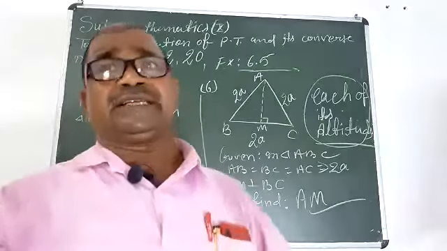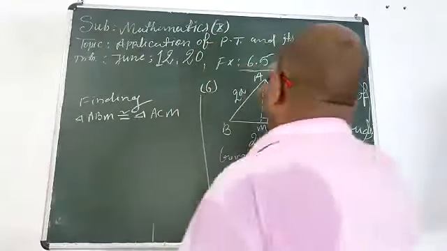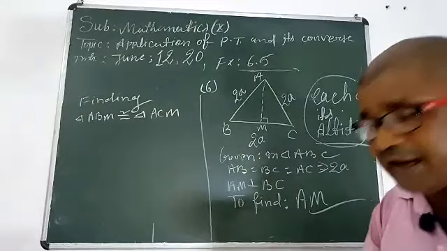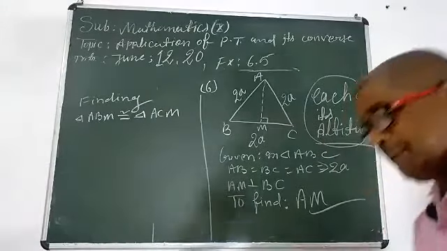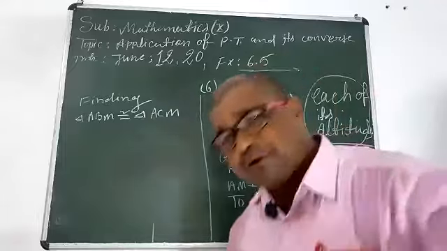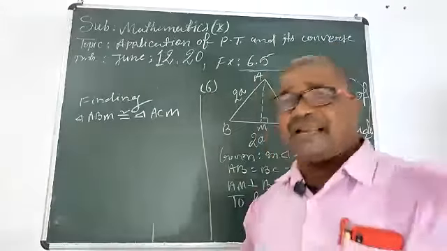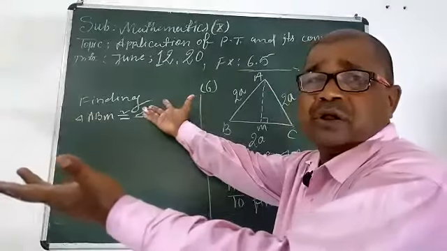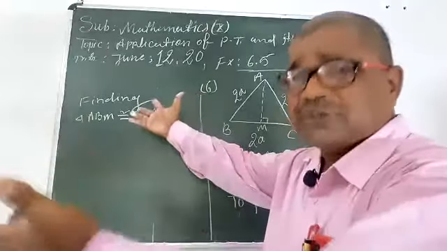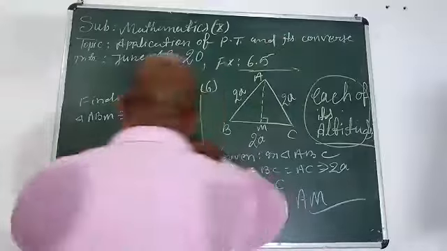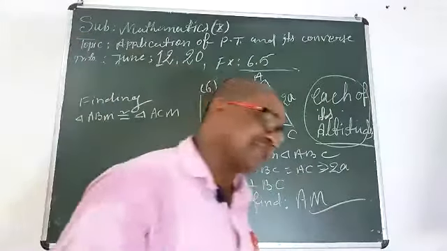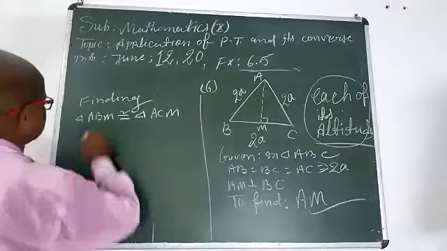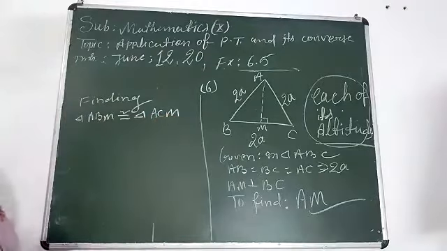Because ABC is an equilateral triangle, AM is an altitude. After drawing a perpendicular in an equilateral triangle, the triangle is divided into two congruent triangles, you can prove also. They are congruent, but you should take help from the major statement here. These two triangles are congruent.